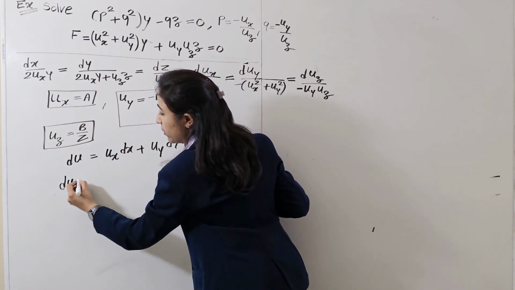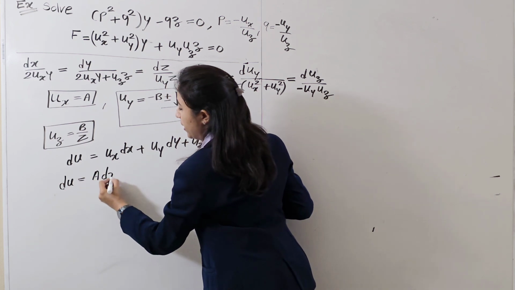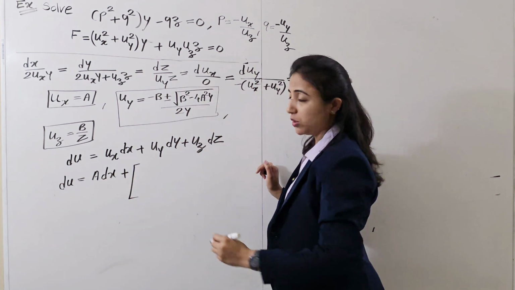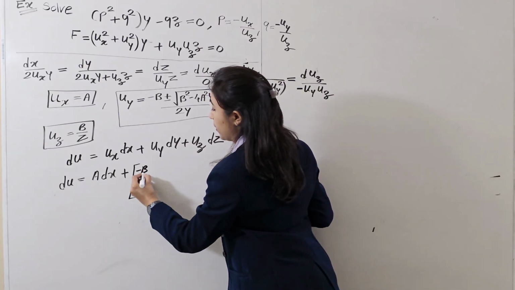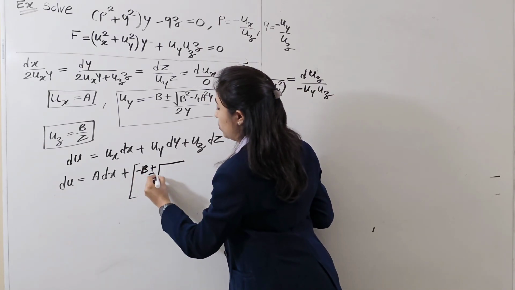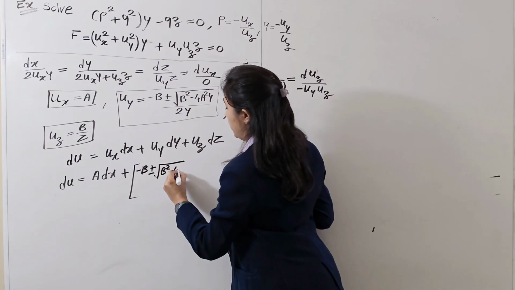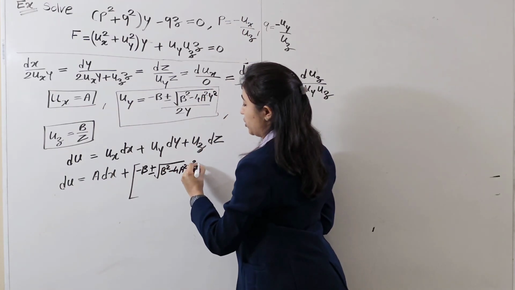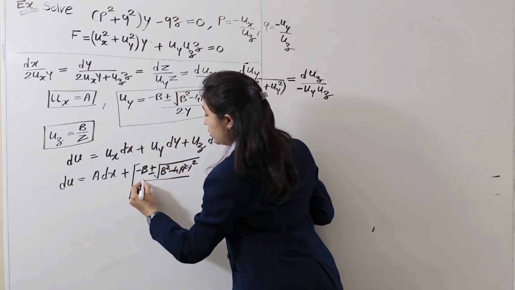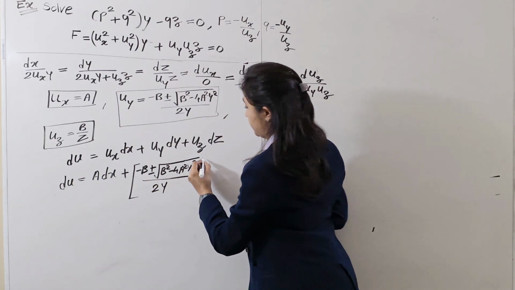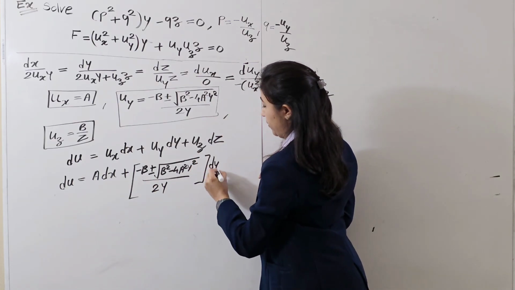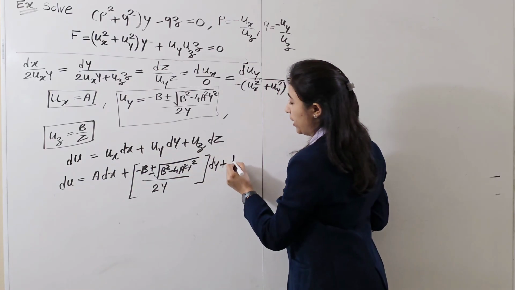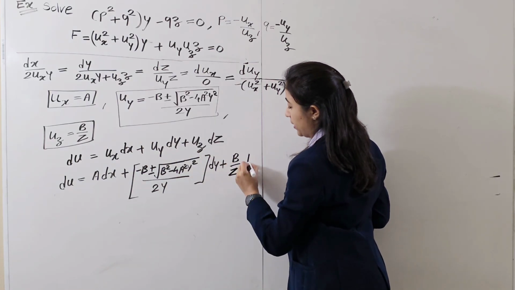So you will get du equal to a dx, and uy is this one, so I will put plus minus both: minus b plus minus root of b square minus 4 a square y square, divided by 2y, into dy, plus uz, which is b divided by z, dz.